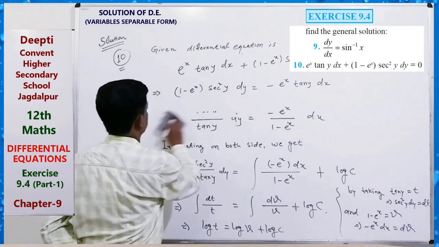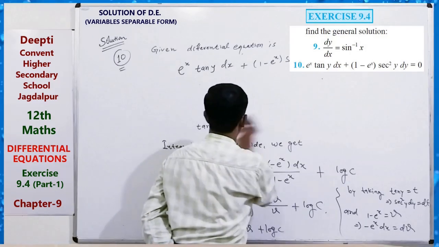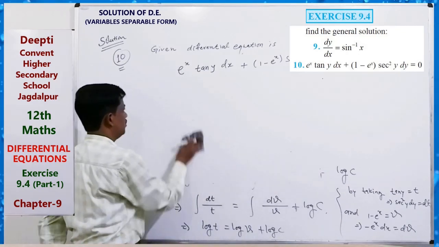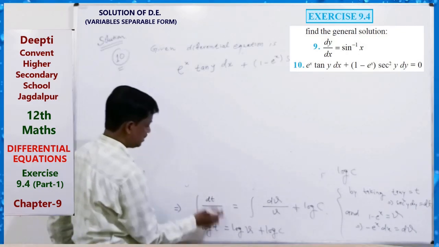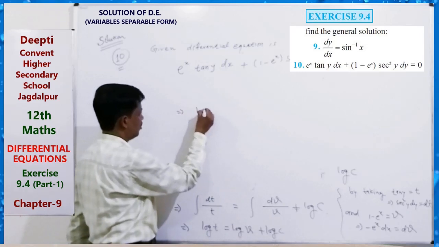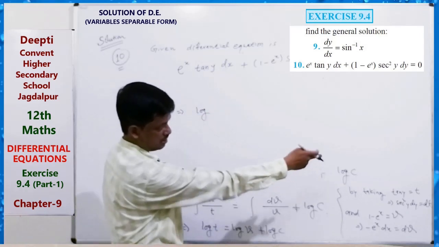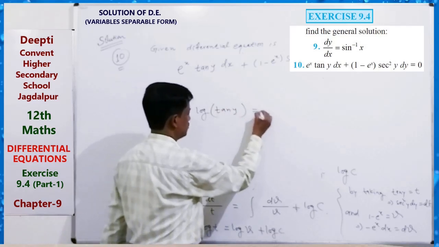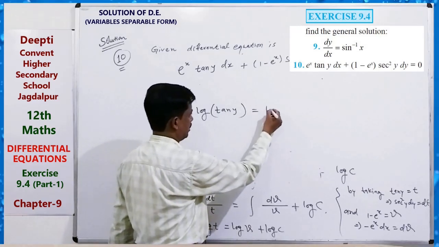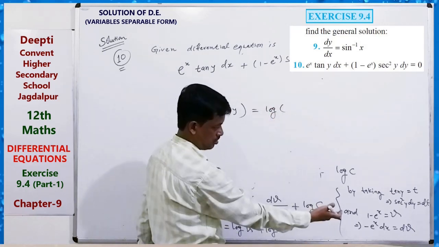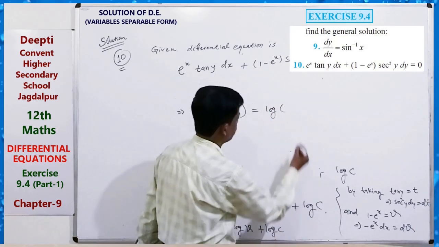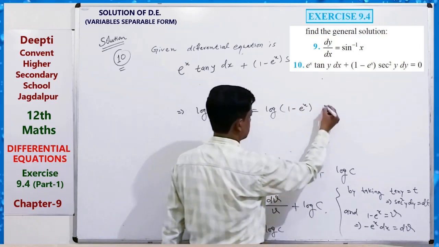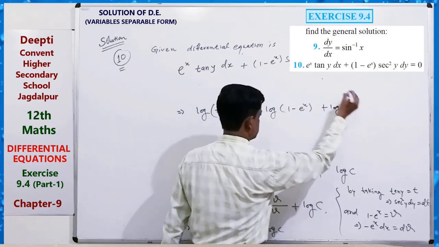Now we can write the solution. How? After this line, log of t means tan y, and log v means 1 minus e to the power x, plus log of c.